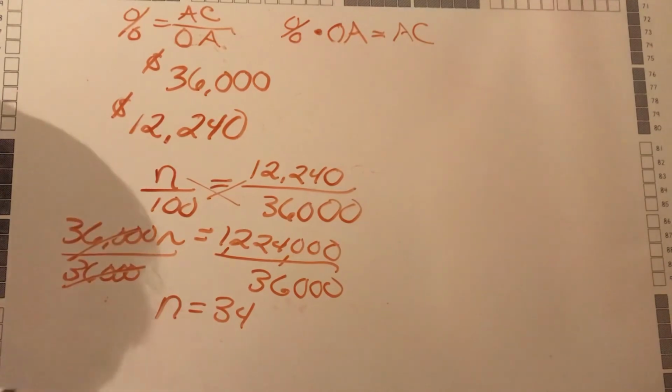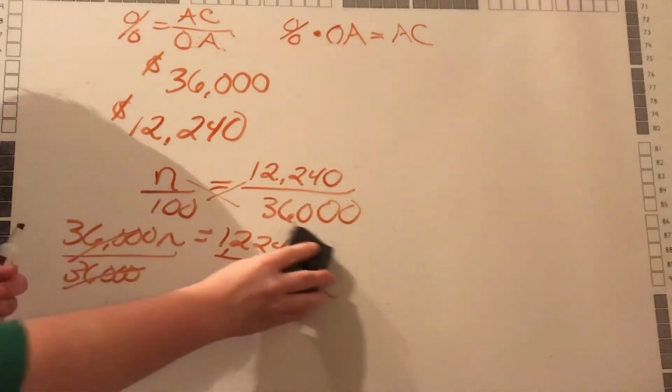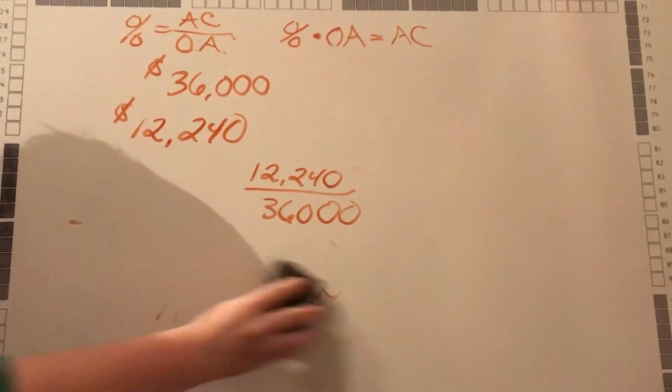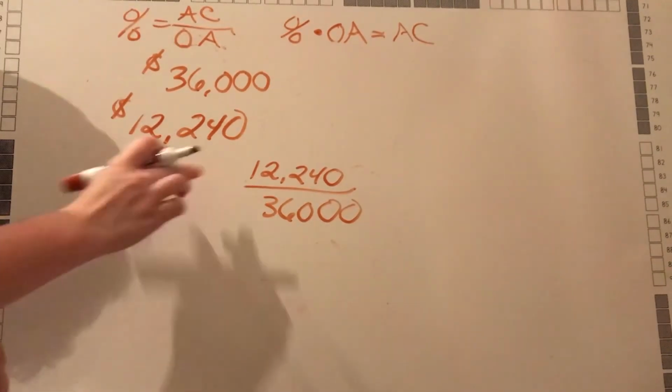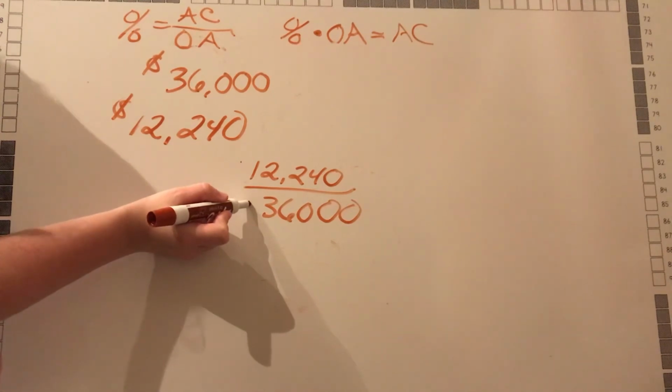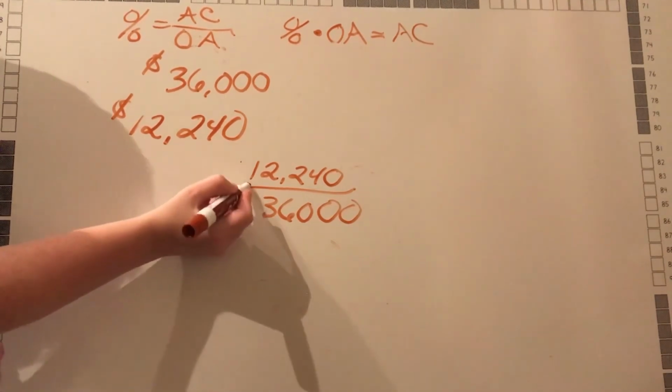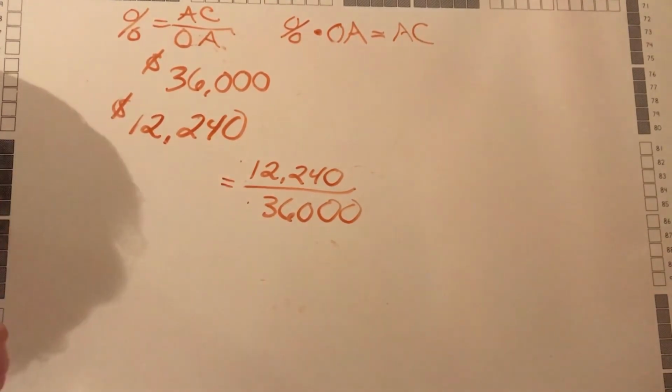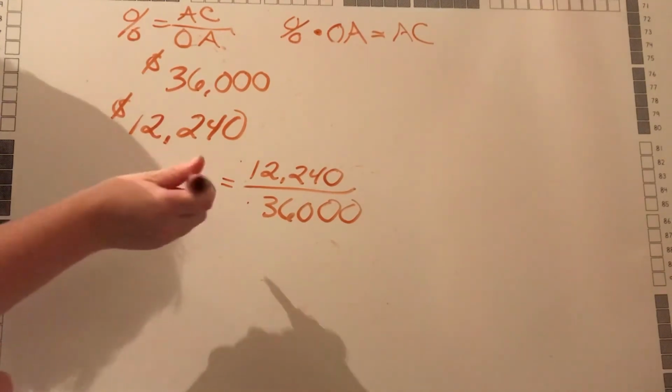So all you would do is divide his rent by his total earnings. And I do not have a calculator on hand, so you'll have to check this to see if it comes out right.